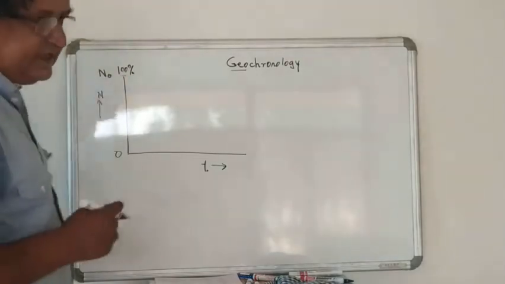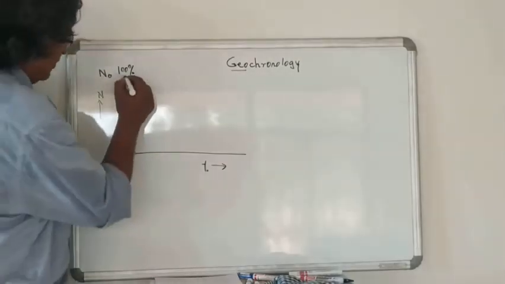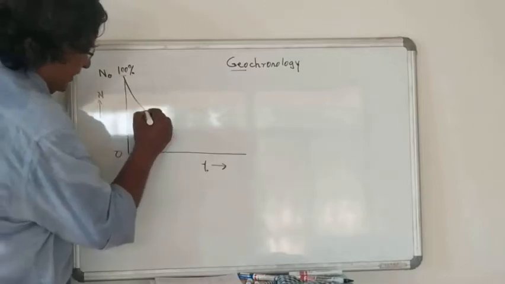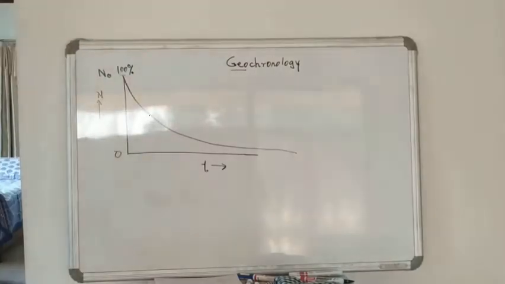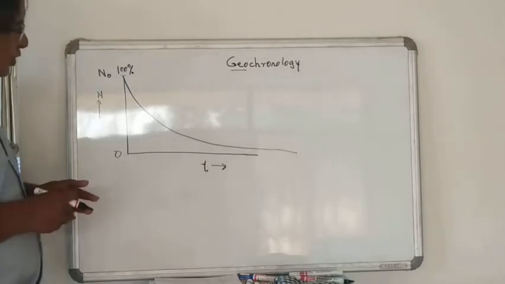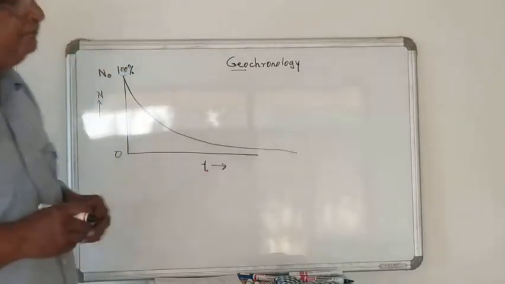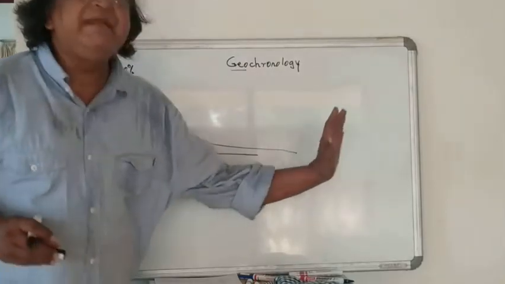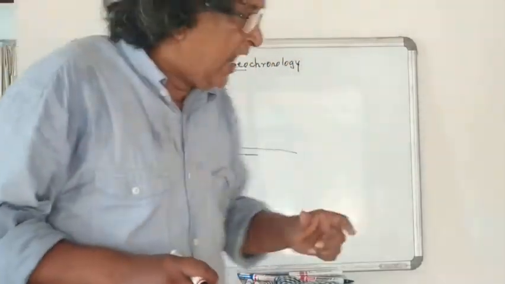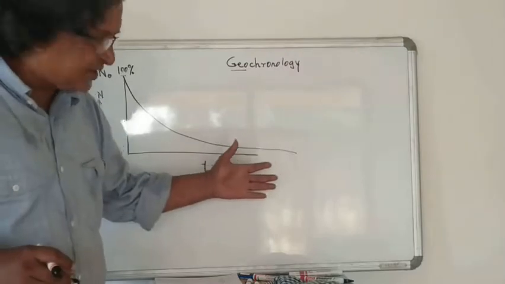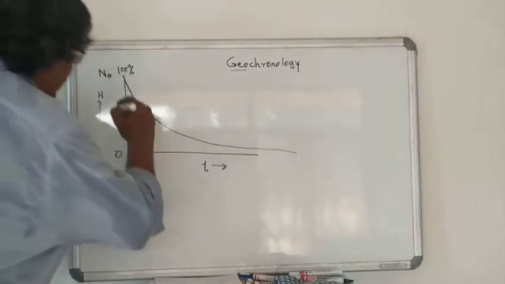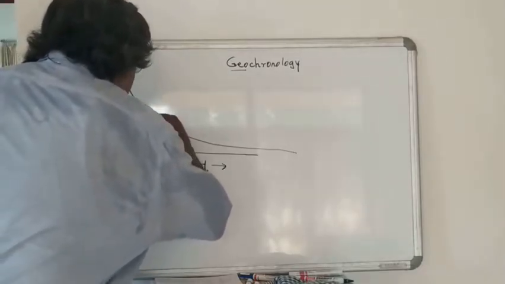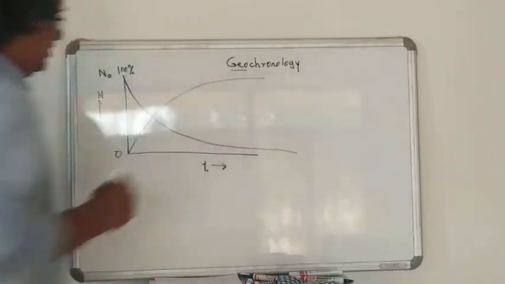So if the decay goes on this way, it has been proved experimentally and theoretically that the decay moves in this direction. As more and more time progresses, the number of parents decreases and the number of daughters gains.